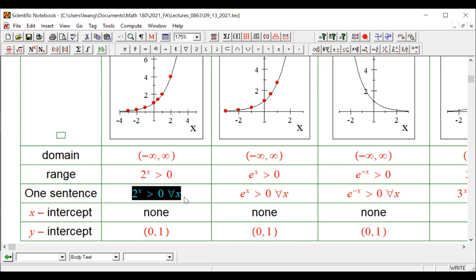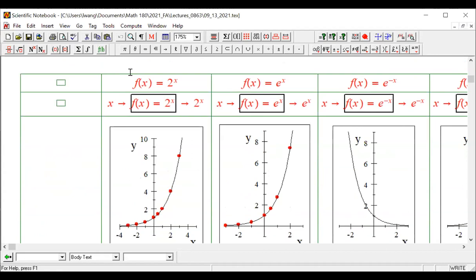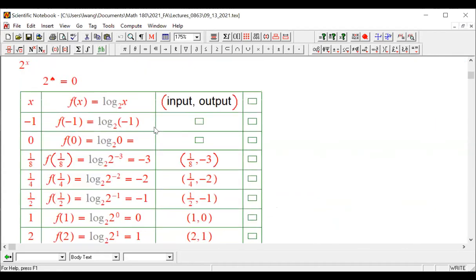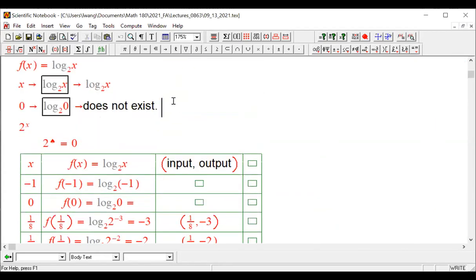That's right. That statement already tells us what? If you want to find 2 to the power something equals 0, it's not going to happen. It's never going to happen, not in a million years. You follow me?